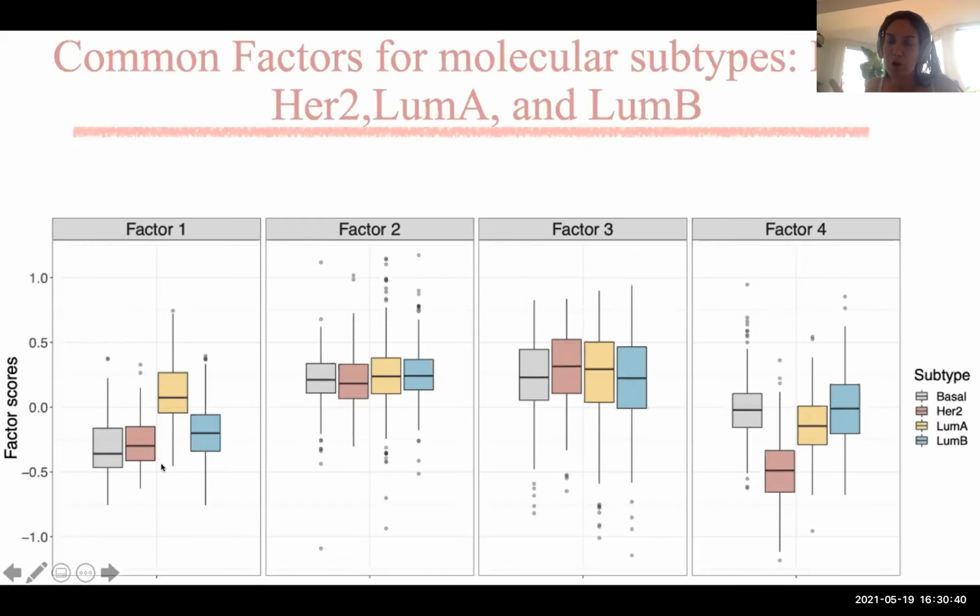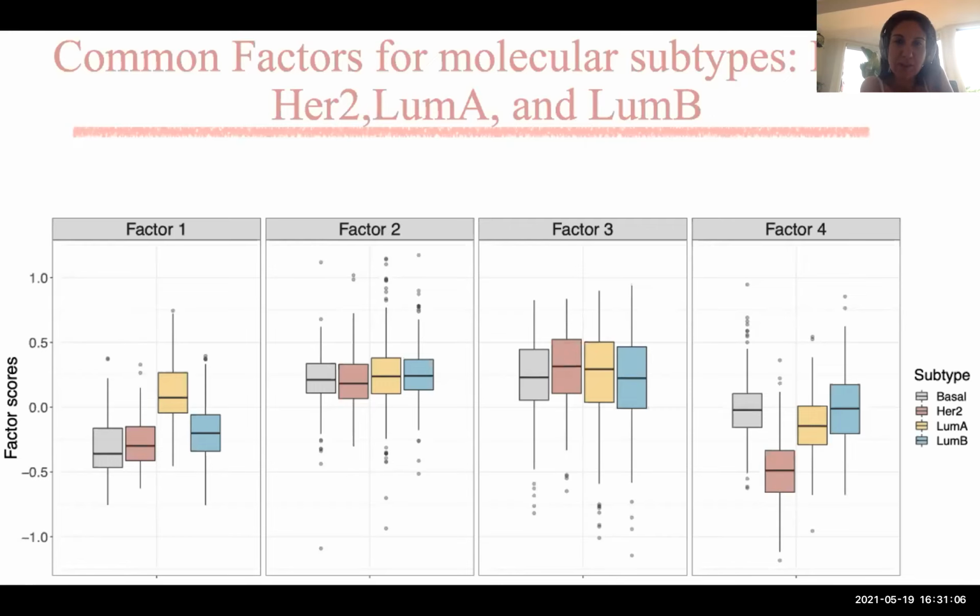For the first 4 common factors, we saw that factor 1 and factor 4 presented a different distribution compared to the others. So factor 1 is really high for the patients classified as breast cancer luminal A compared to all the others.